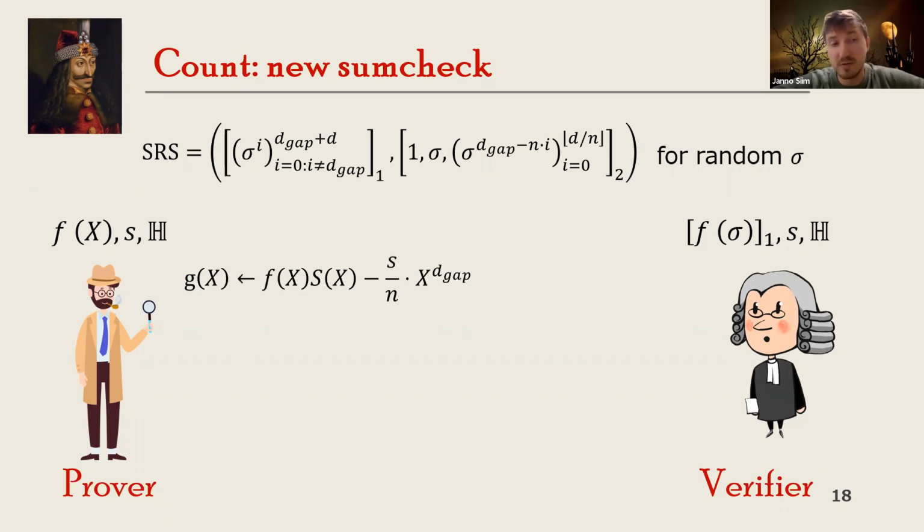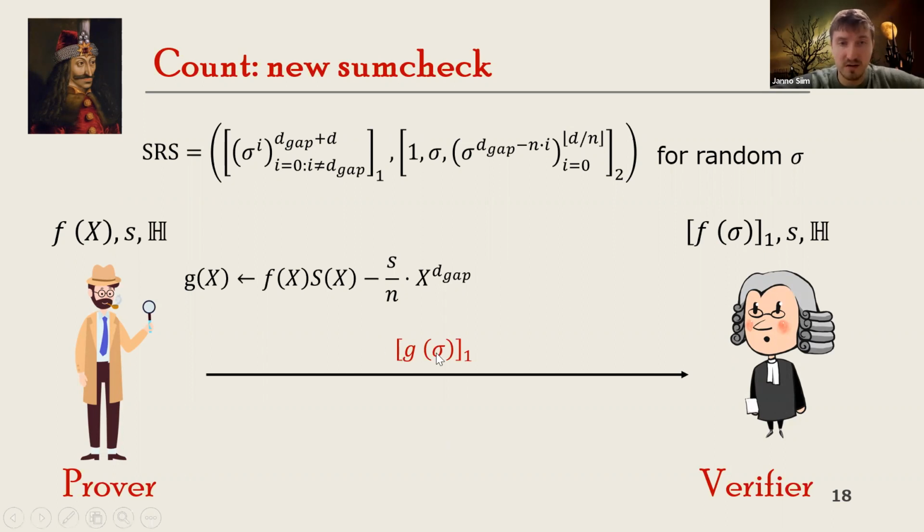So the prover computes the polynomial just as we saw in the previous slide, this g of x. Then he will just send this one value in group 1. So he can compute this because g of x is missing this one monomial, sigma to the d gap. So he can compute it.